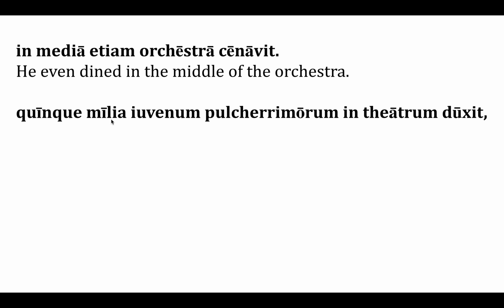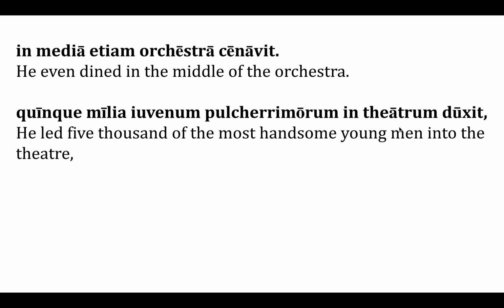So he led 5,000 of the most beautiful young men in theatrum, into the theatre. So again, remember, in plus ablative means in or on, but in plus accusative, which we have here, means into or onto. So he led 5,000 of the most beautiful or most handsome young men into the theatre.